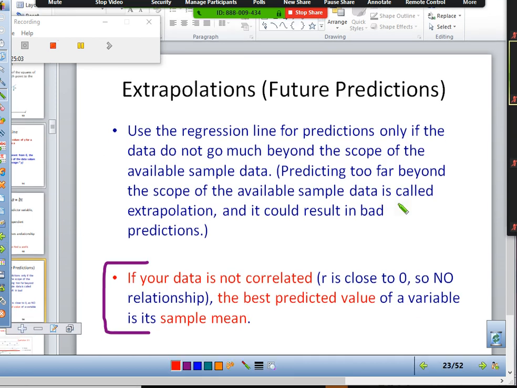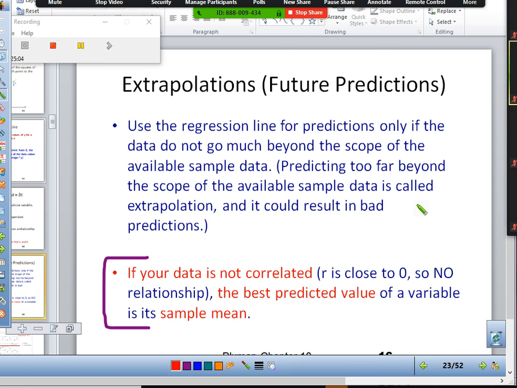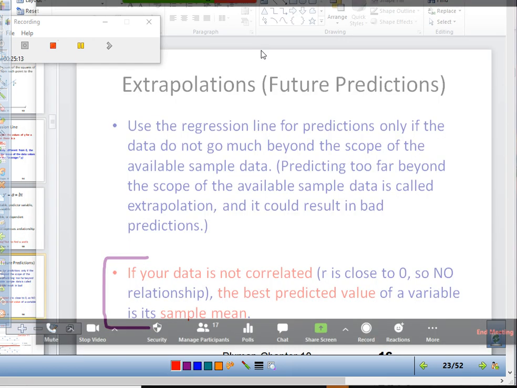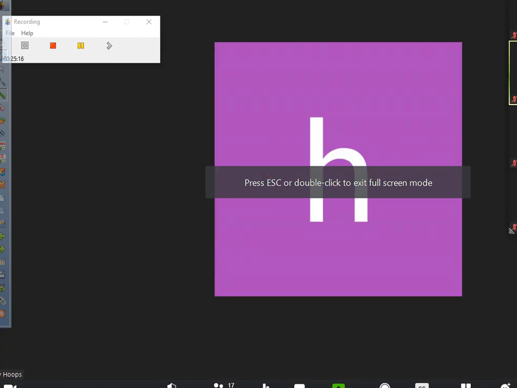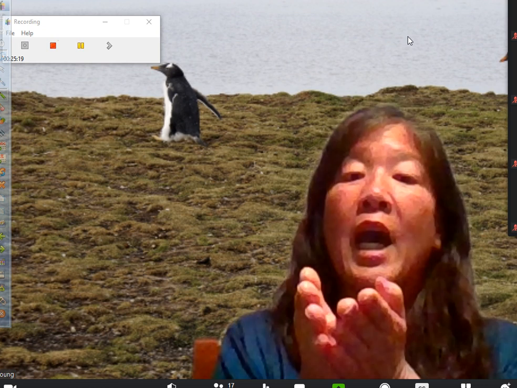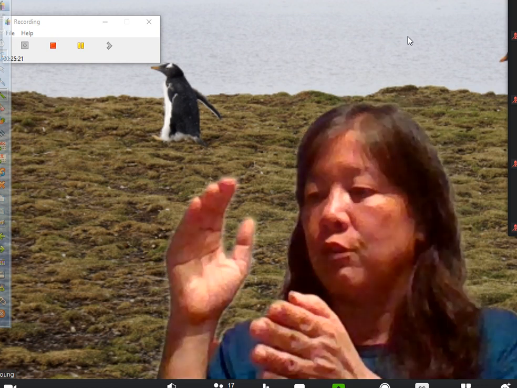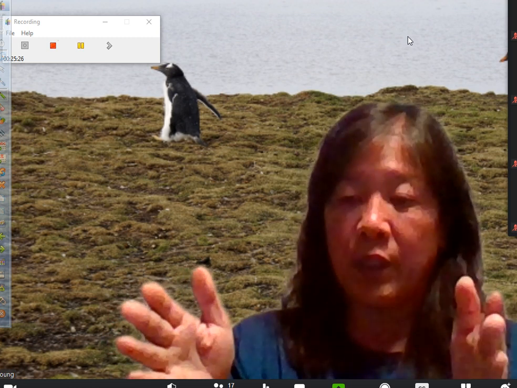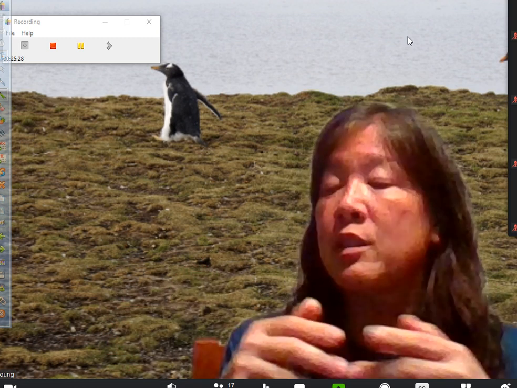And a couple quick comments. One is you really shouldn't go too much further beyond your current data when predicting. Say I had data on cell phone usage from 2000 to 2020.